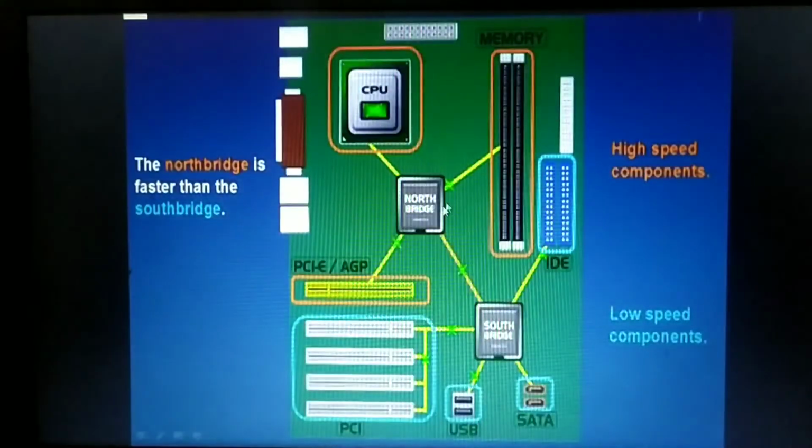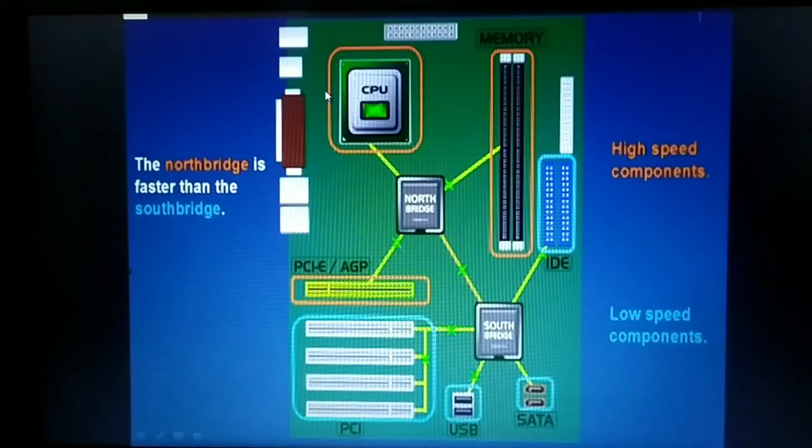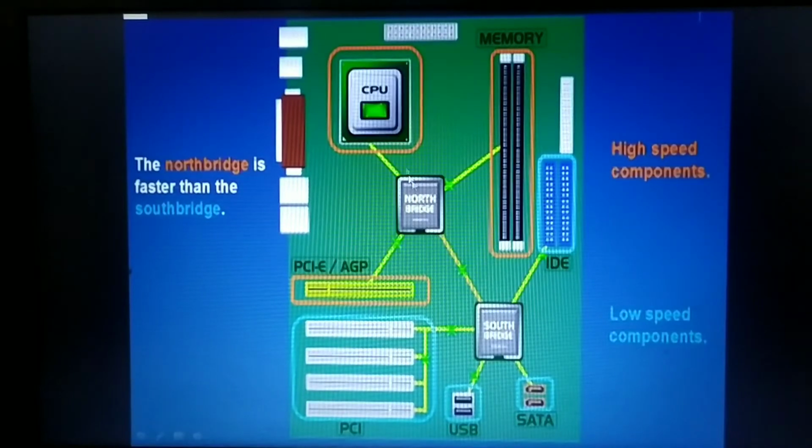The North Bridge is usually located in the upper part of the motherboard, very near the CPU. It is directly connected to the CPU, memory, and the PCI or AGP slots.